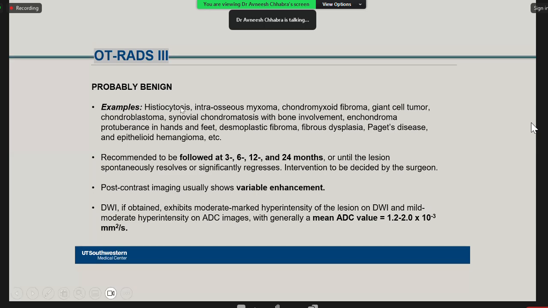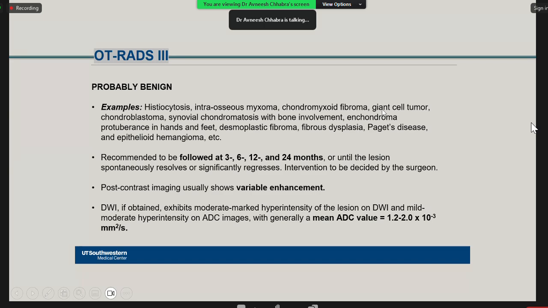So we put those features in: the intraosseous myxomas, you can get in ribs; chondromyxoid fibroma, which are eccentric distal femoral lesions. So we put some features out there: giant cell tumor, chondroblastoma, synovial chondromatosis, and chondroma protuberans. Now, given that it looks like a giant cell tumor to you, and by experience you can tell this is where it happens: distal femur, lucent lesion, eccentric, and reaches the subcortical surface. If you see all of that with no sclerosis, okay, giant cell tumor.